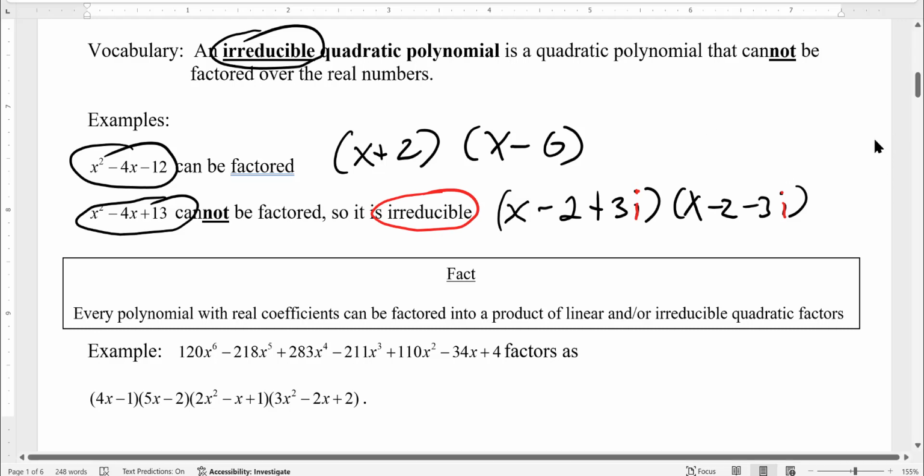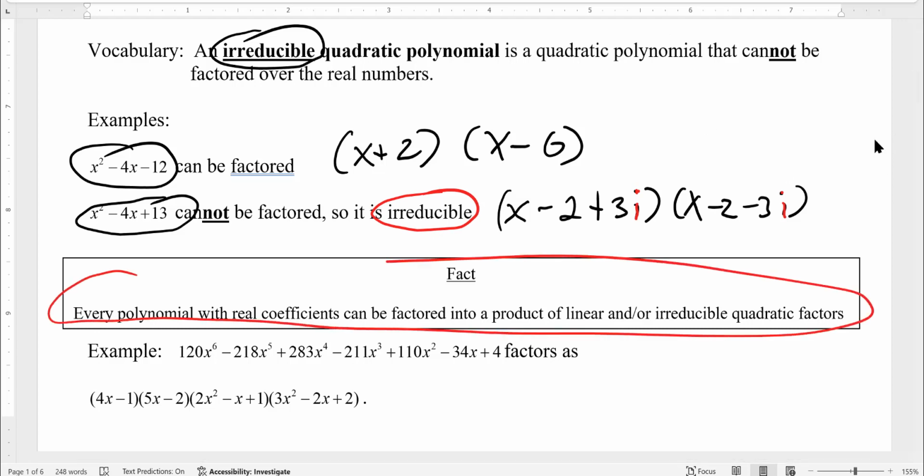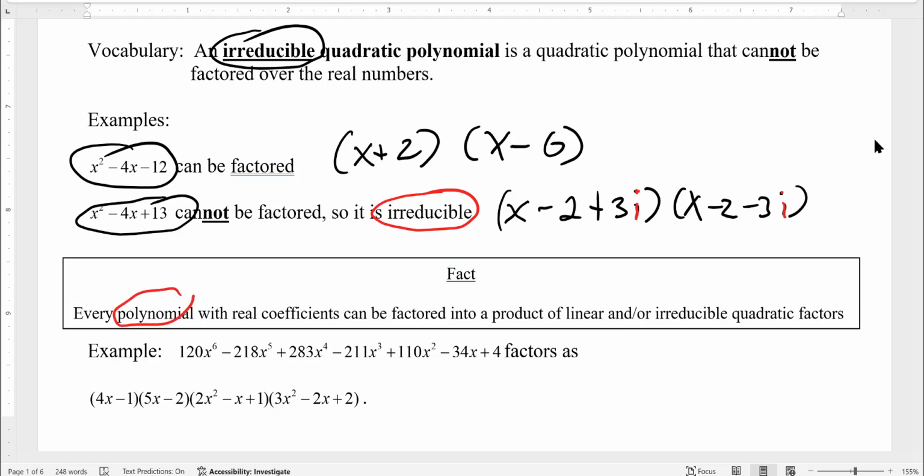So, take a moment and just read this fact. Every polynomial, as long as it has real coefficients, can always be factored into a product of linear or irreducible quadratic factors.